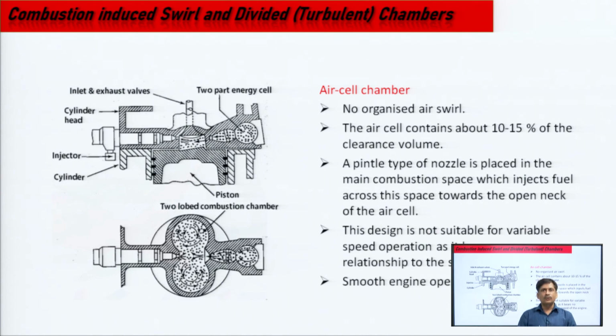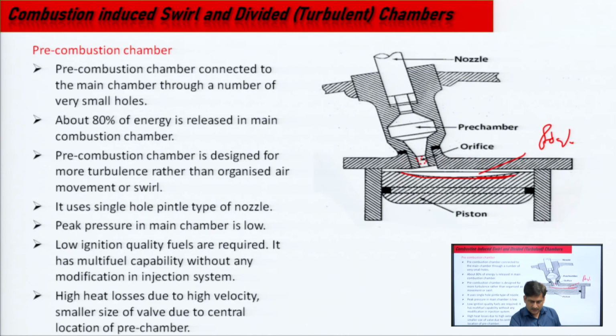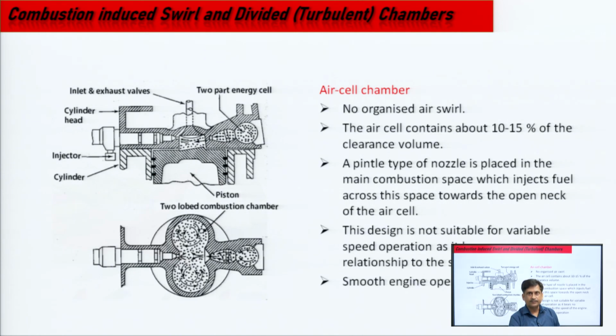Here also a Pintle type of nozzle is placed in the main combustion chamber space, which injects fuel across this space towards the open neck of the air cell. This design is not suitable for variable speed operation, as it bears no relationship to the speed of the engine. For variable speed we use the previous one, the pre-combustion chamber design.